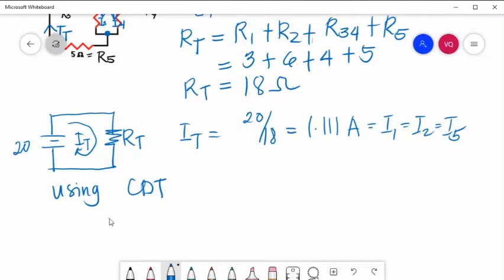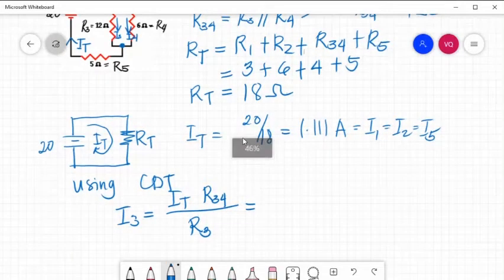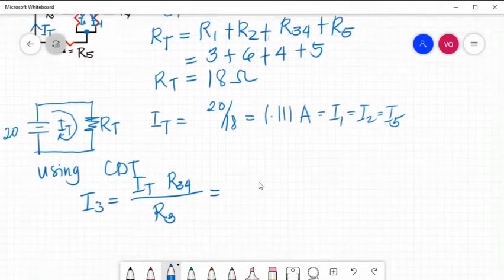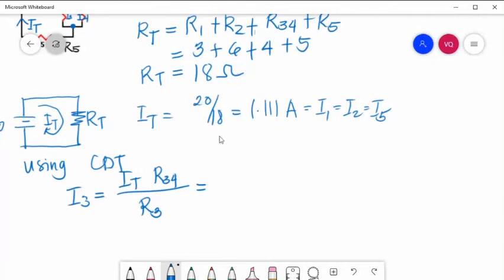you can solve I3 is equal to total current multiplied by the parallel combination of R34 divided by R3. So, 1.111 multiplied by 4.